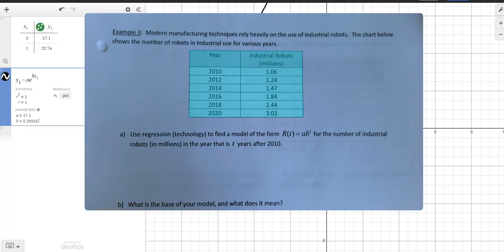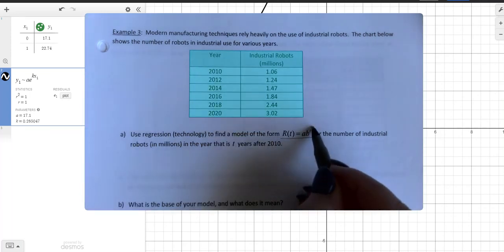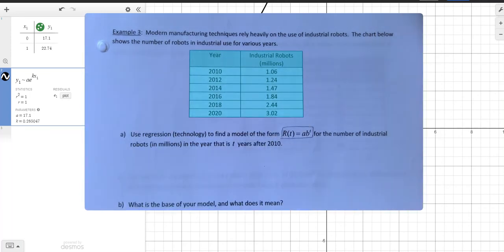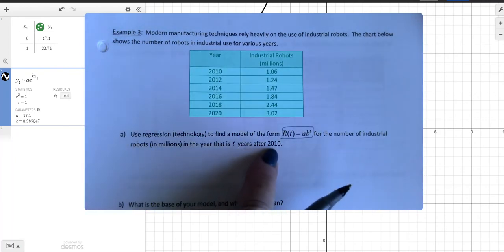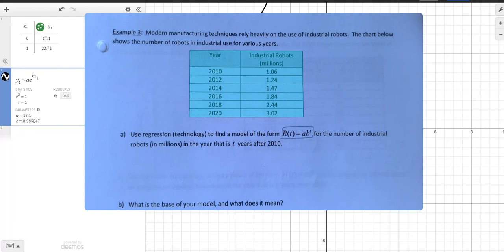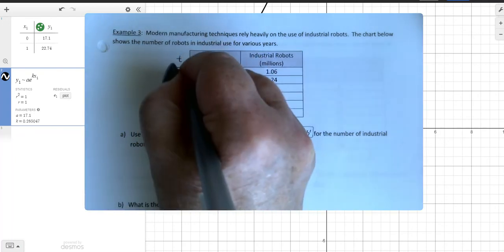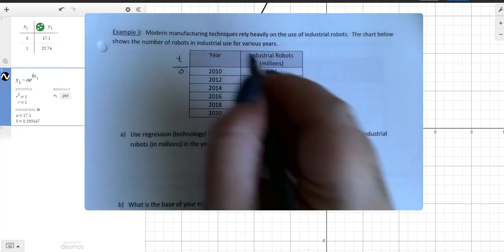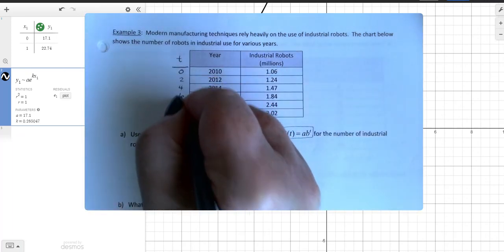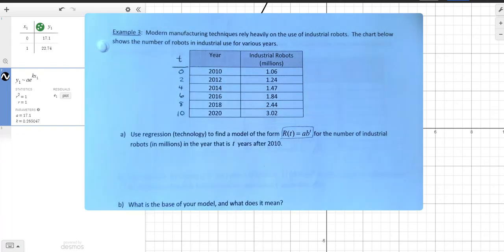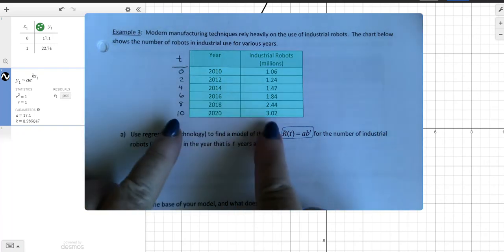We're going to go back to our R of t equals a b to the t to find a model for this data in the year that is t years after 2010. So my t equals 0 is the 2010, and then I'd have 2, 4, 6, 8, and 10. All right, let's put that in there.